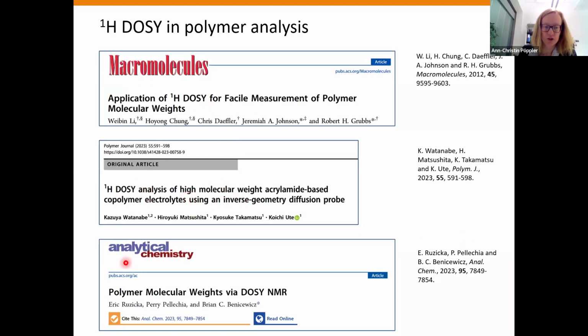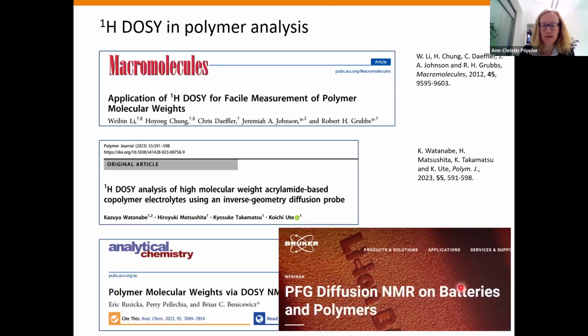And then there's also a quite recent work where different approaches and setups are compared to be able to, in the end, choose the most appropriate set of parameters and pulse programs, etc., to characterize these polymers and extract molecular weights. And for those of you who prefer a more tutorial or webinar based format, there's also a webinar on demand by Bruker that you can use to extend the information on this type of analysis.